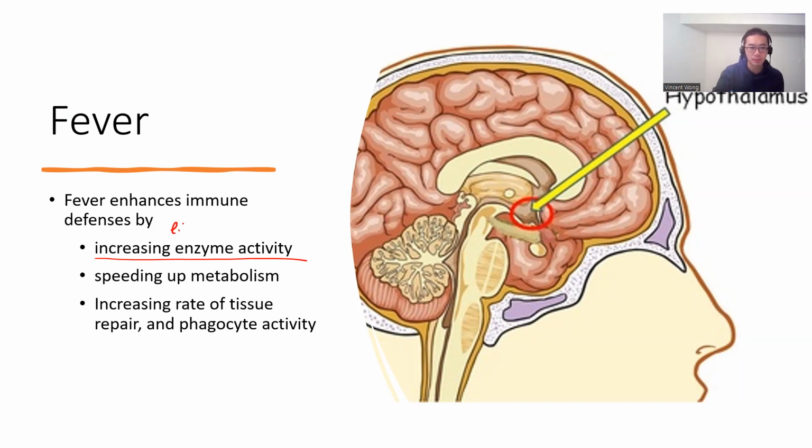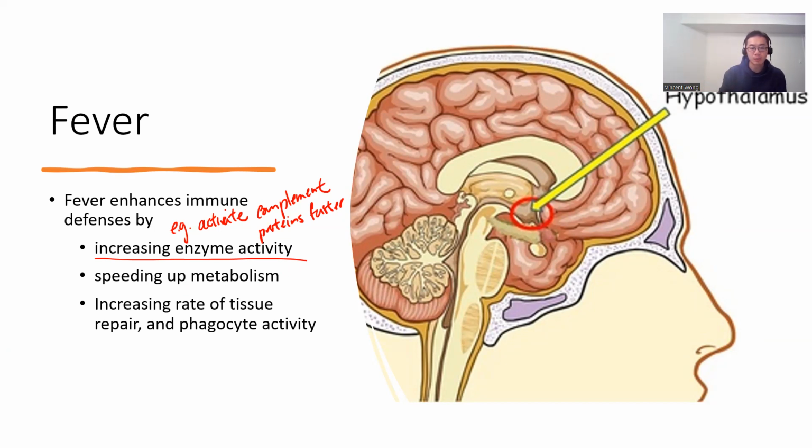So e.g., activate complement protein faster. Speeding up metabolism. Metabolism in general is the reactions going on in a cell. So if there is any kind of wound healing, that higher temperature might be able to do it for you.